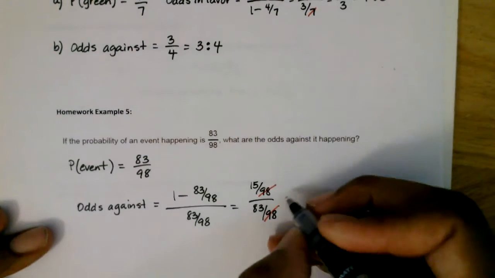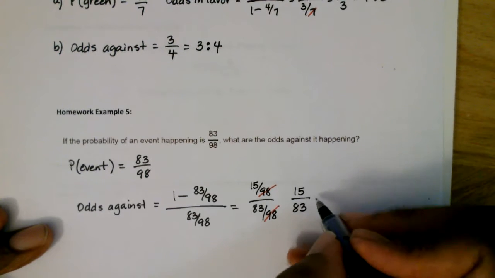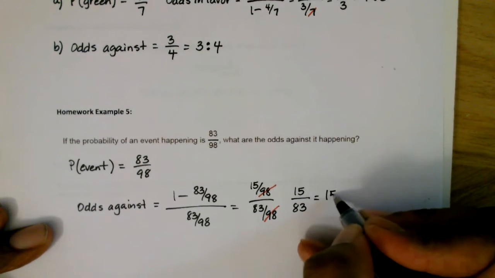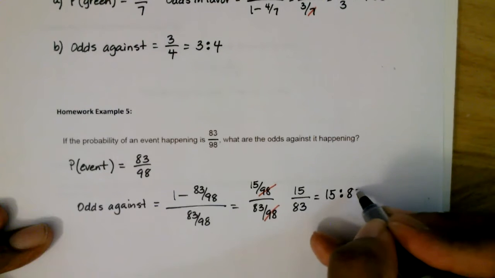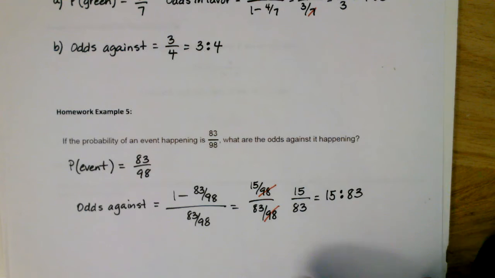You'll be left with 15 over 83. And we write that as 15 to 83, which represents the odds against an event happening, 15 to 83. Okay.